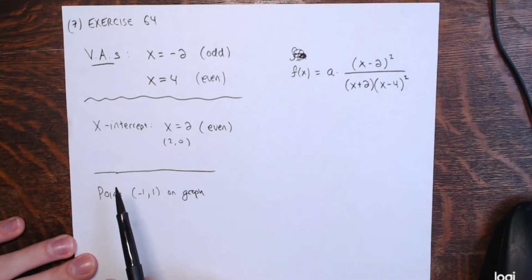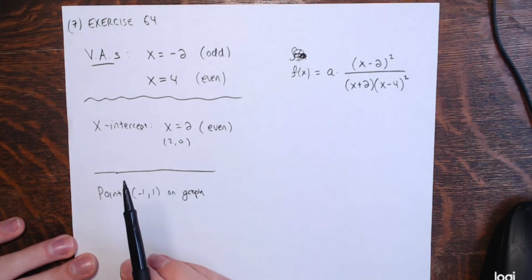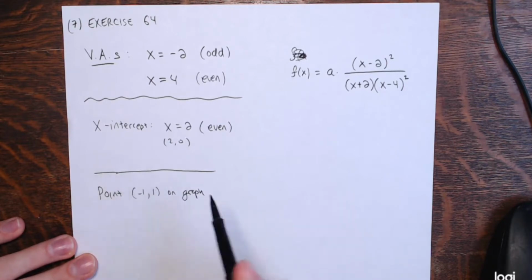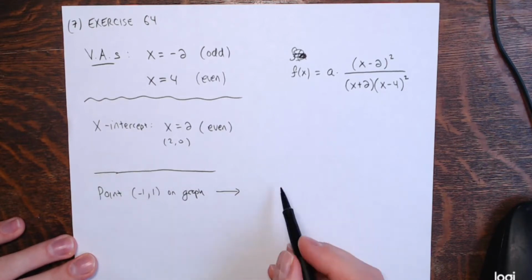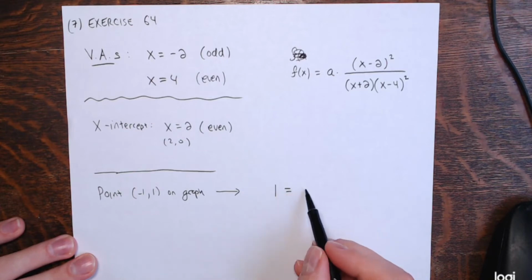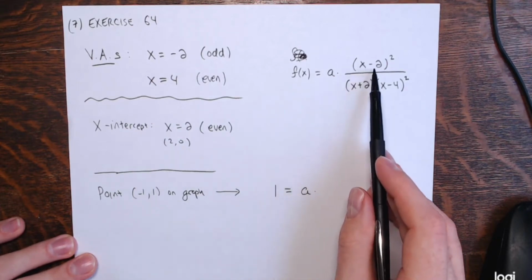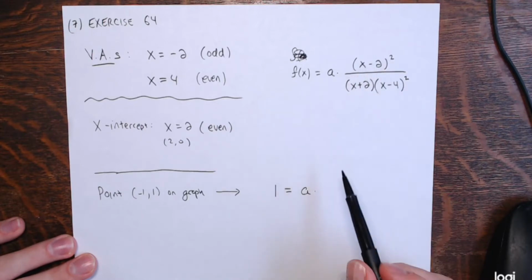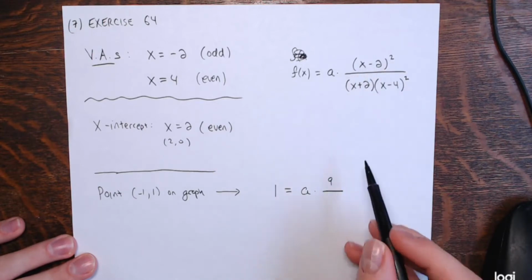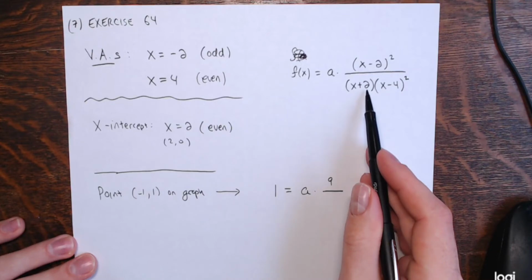So yeah, like I said, the only point that looks like it was totally easy to see on the graph was negative 1, 1. So I'll use that. So 1 for the output equals a times, and then if x is negative 1, negative 1 minus 2 is negative 3 squared is 9. Negative 1 plus 2 is 1.